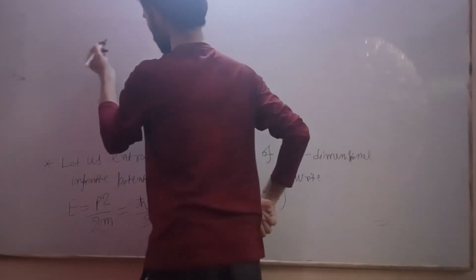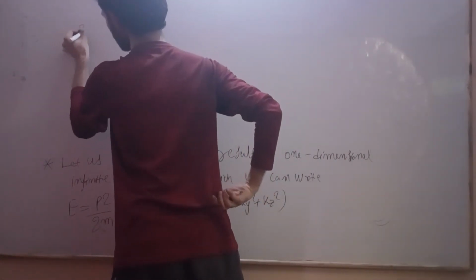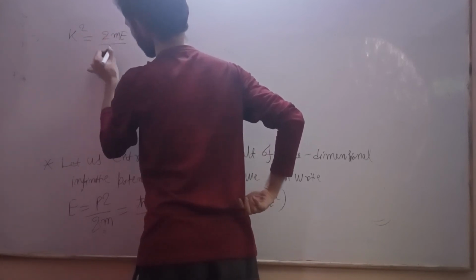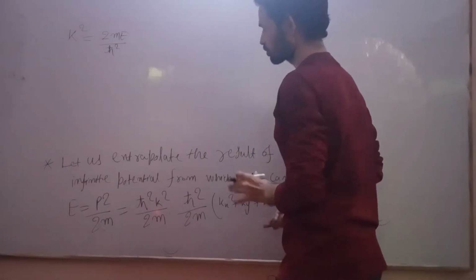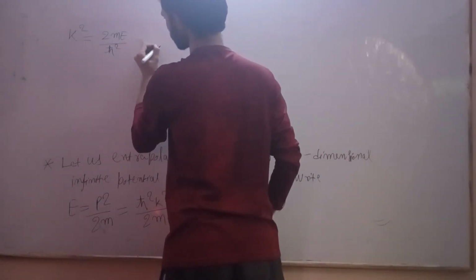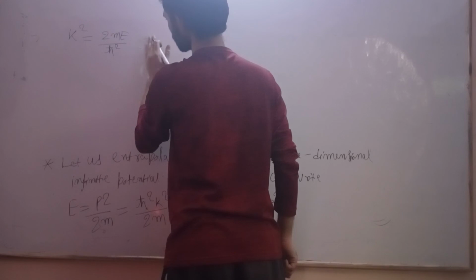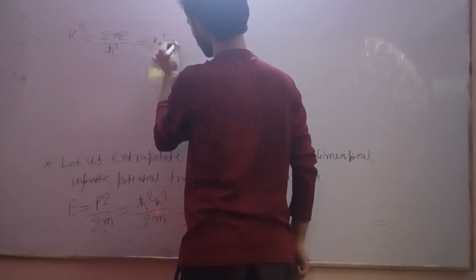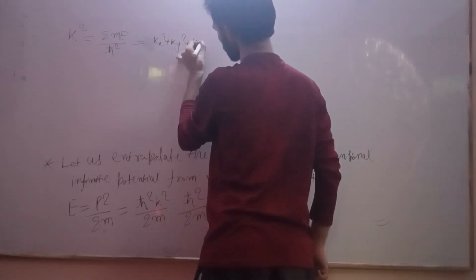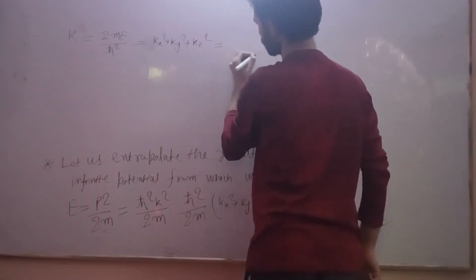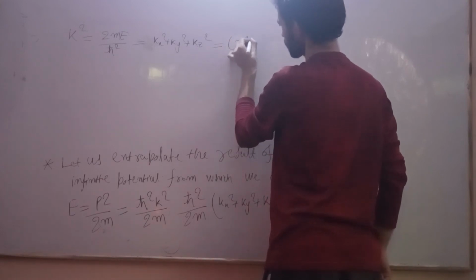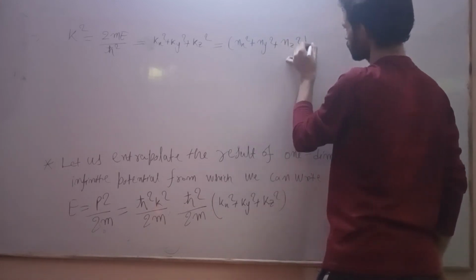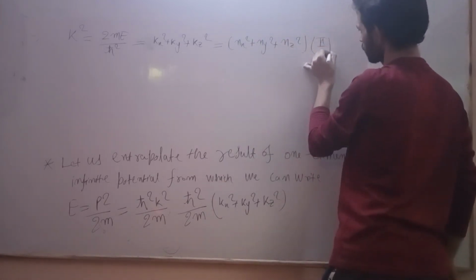From here we can write k square is equal to 2mE divided by h cut square. Now this k square is nothing but kx square plus ky square plus kz square, which is further nothing but nx square plus ny square plus nz square, into pi by a whole square.